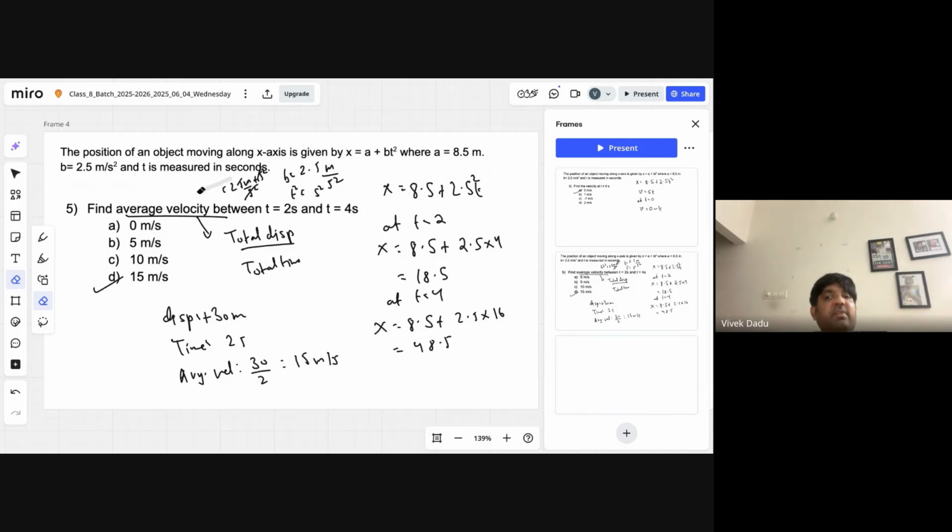And if that happens, then the question does not make sense. That's why for the question to make sense, it's very important that B ka unit is meter by second square. Okay? Although it won't make a difference in the final solution, it will become a wrong question itself in the first place if that is not taken care of.